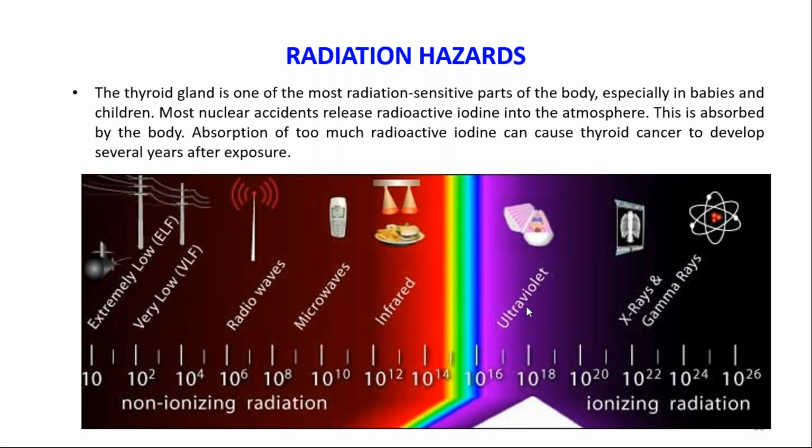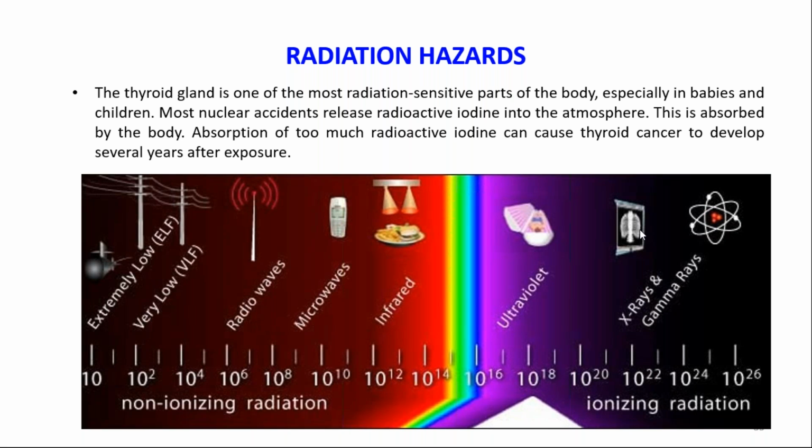Then ultraviolet, from 10 raised to 16 to 10 raised to 18, what we have discussed, ultraviolet radiations and skin burning, that may be due to these UV rays ranging from 10 raised to 16 to 10 raised to 18, and 10 raised to 22 is about X-rays and gamma rays.